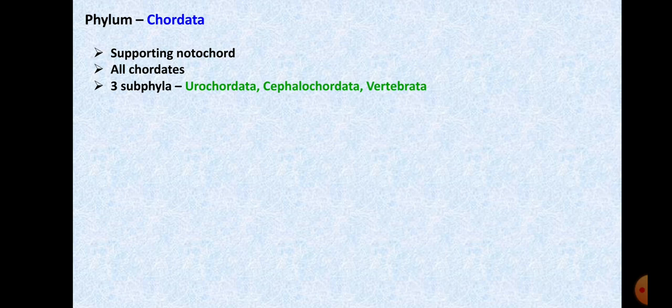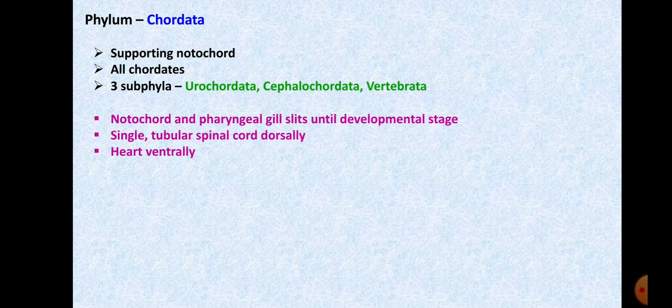Phylum Chordata. Till now we were on phylum Non-Chordata and the 10 different subphylums of that particular non-chordates. Here, the very basic and common characteristic you would find is they have a supporting notochord. Okay, all the animals would be having this.